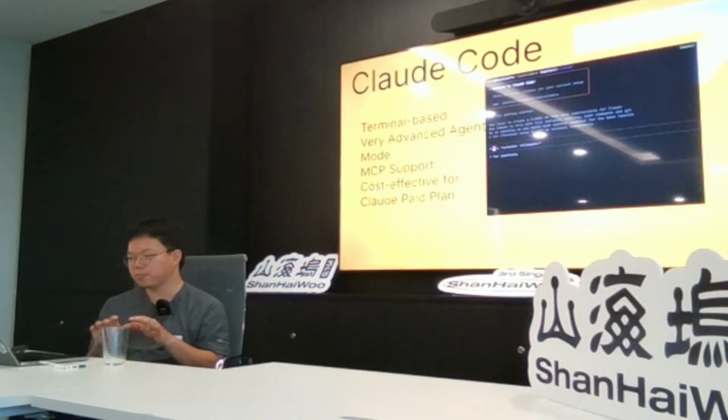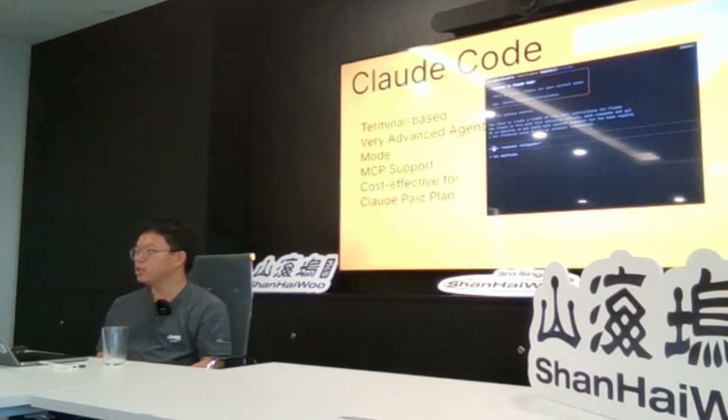Now many users are transitioning to Claude Code, which is the official terminal-based AI coding agent by Anthropic. You can use your own Anthropic API key, but you can also connect to your paid Anthropic account to use Claude Code.